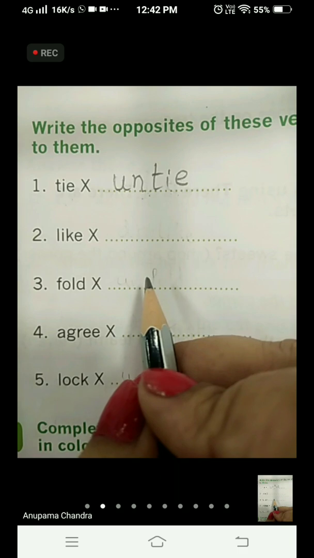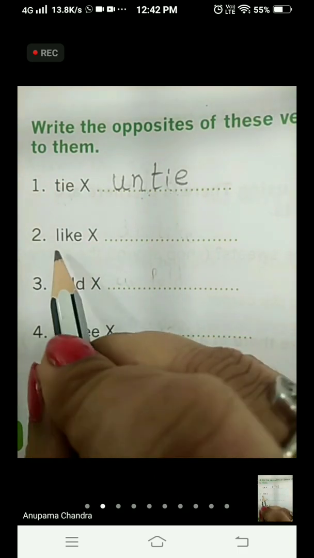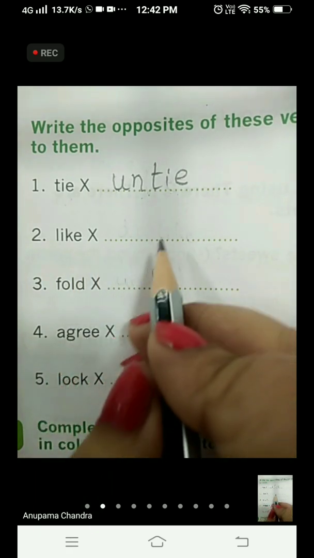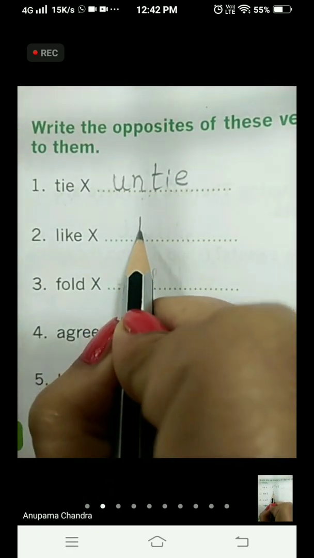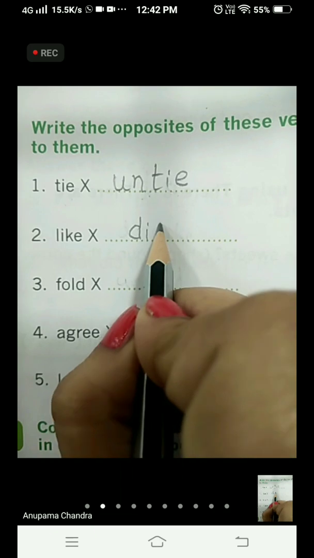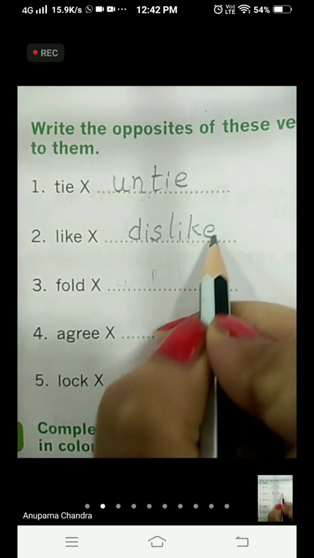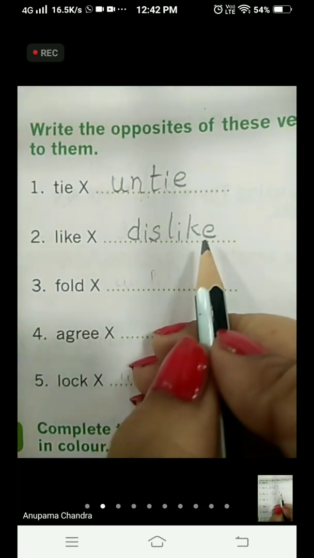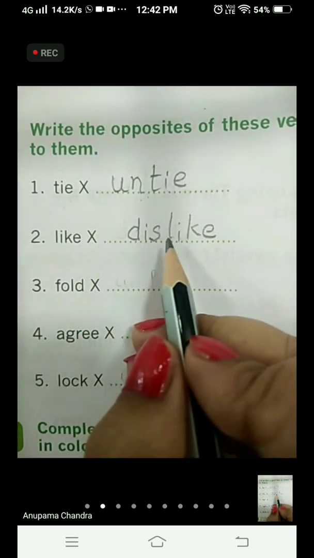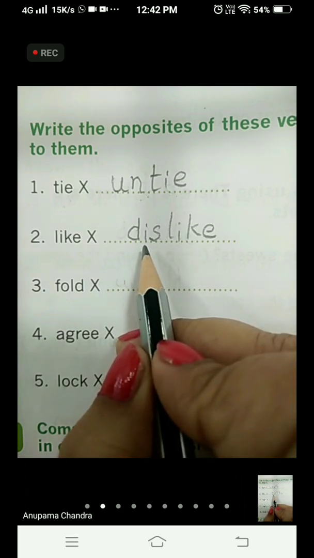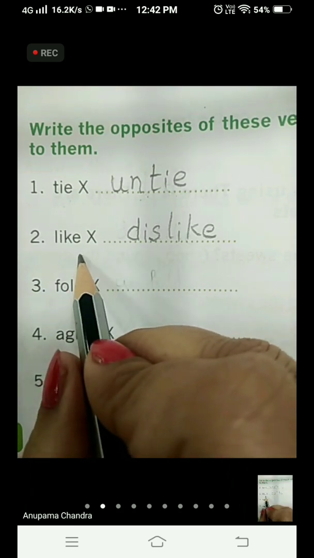Okay, let's see the second word. Like. For this word, we will use dis. Dislike. Like, dislike. We are using here dis to make the antonym for the word like.